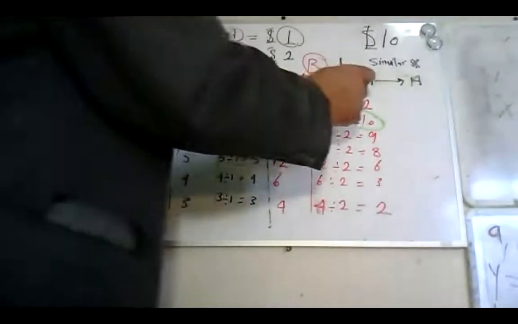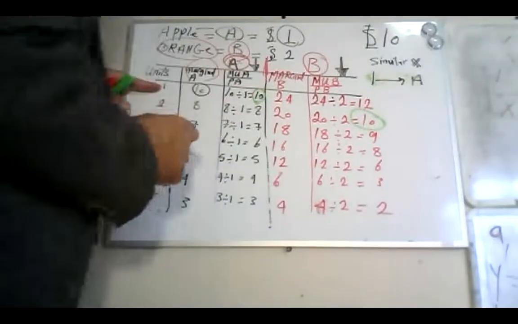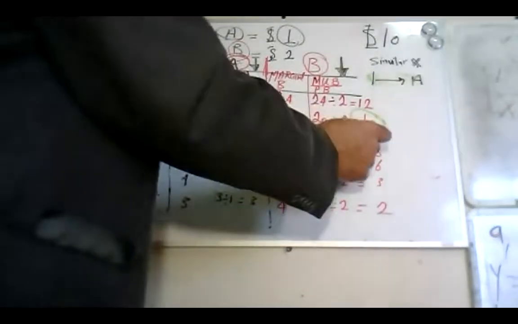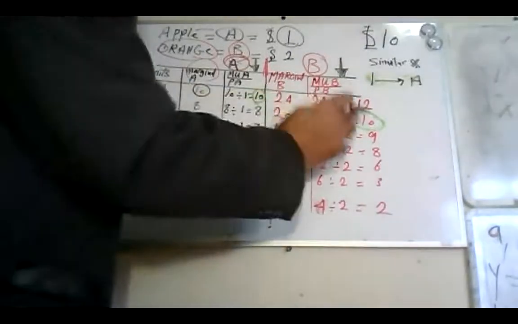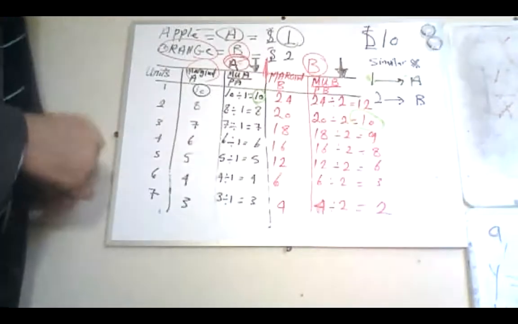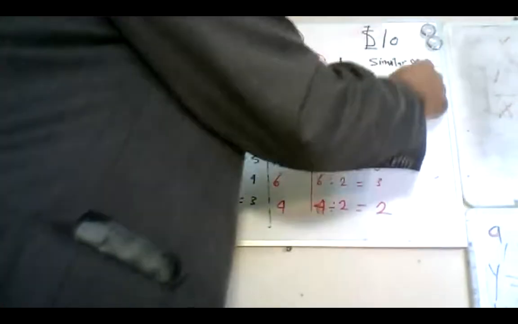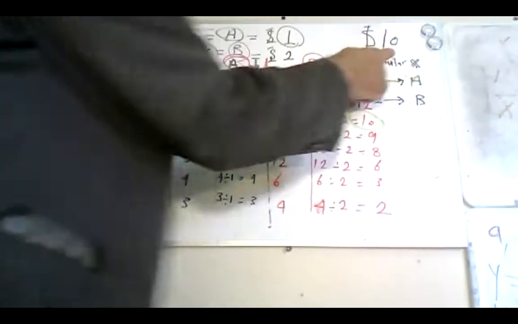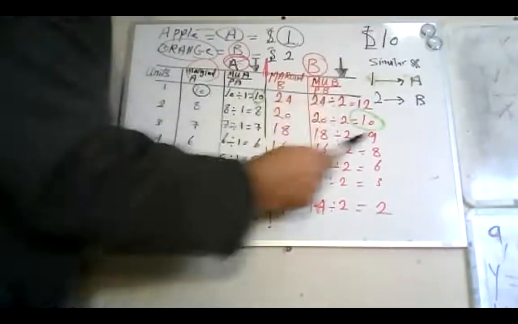Let's see, the first 10 goes in front of 1 of product A, and the second 10 goes on 2 units of product B. Okay, let's see if these two together achieve the condition of the $10, or more or less.